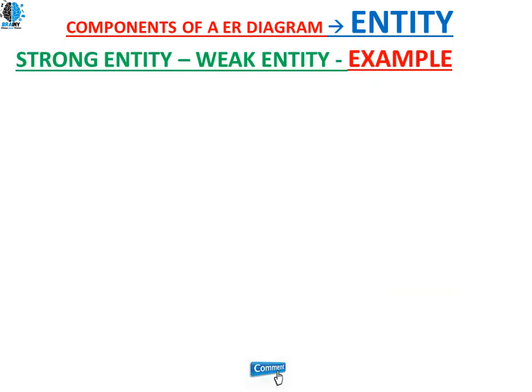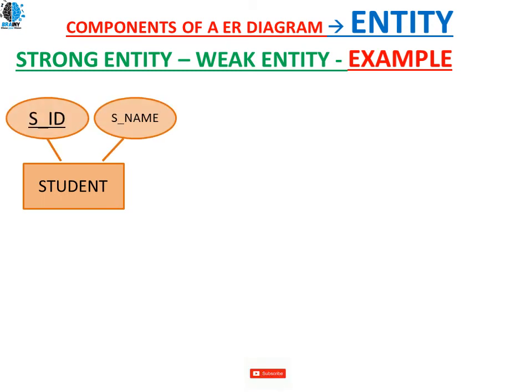Let's see the example of strong entity and weak entity. Let's consider one entity, student, and its attributes are student ID and student name. Student ID is a key attribute by using which this student table will be uniquely defined in the entity set. Another entity I have is grades.